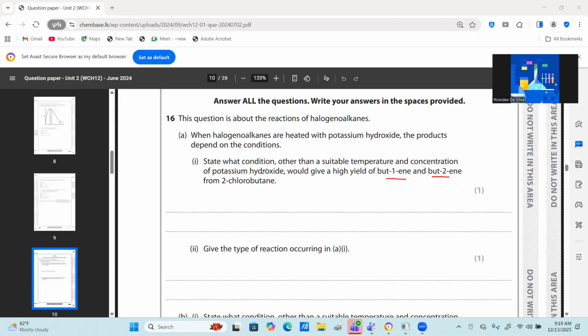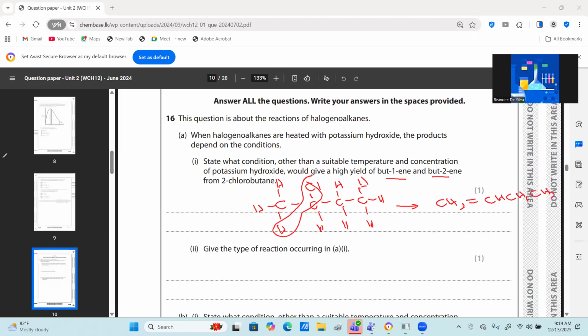So we can see, children, 2-chlorobutane means on the second carbon you have a chlorine atom, and this is the structure. So when you add ethanolic KOH, HCl will be removed. If it removes like this, you get but-1-ene, CH2=CH-CH2-CH3.